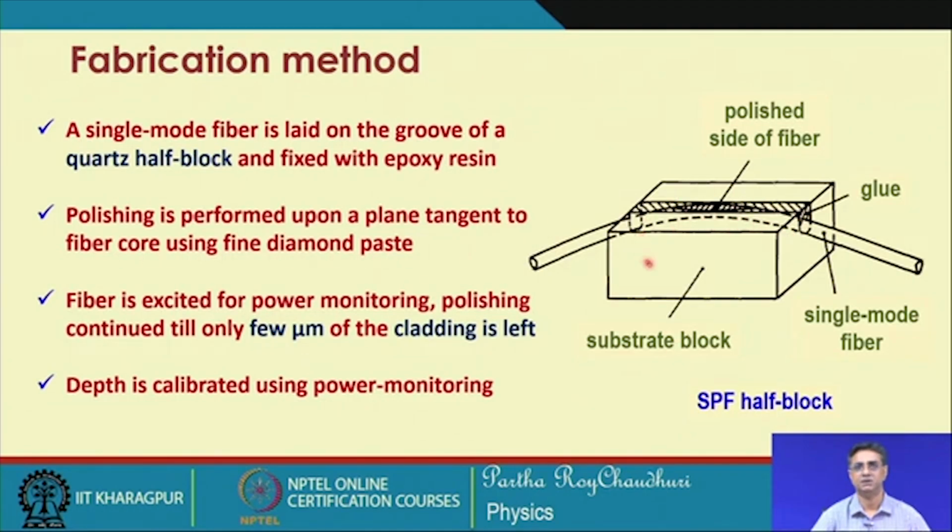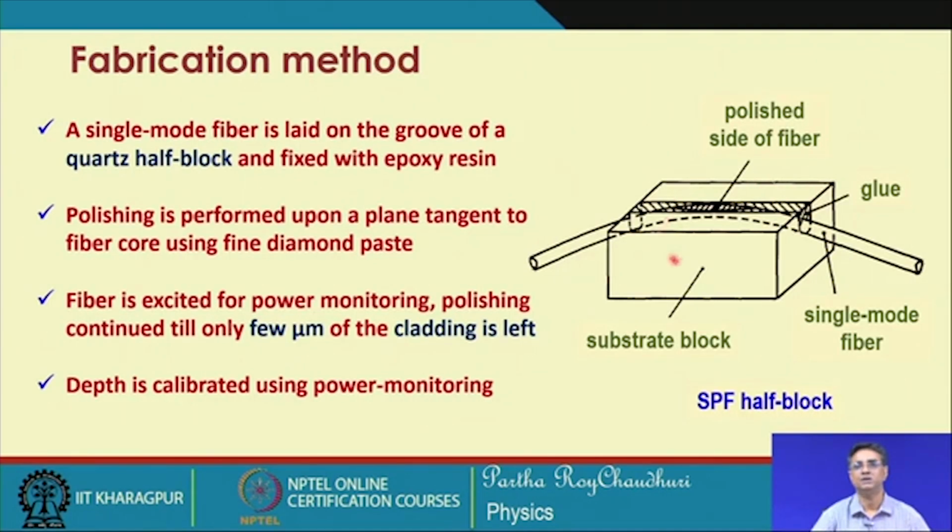In some polishing machines, you can polish the top part of this, so that part of the cladding is removed and you can approach very close to the core, almost 1 or 2 microns left, a few microns of the cladding is left. The depth is calibrated by using power monitoring.